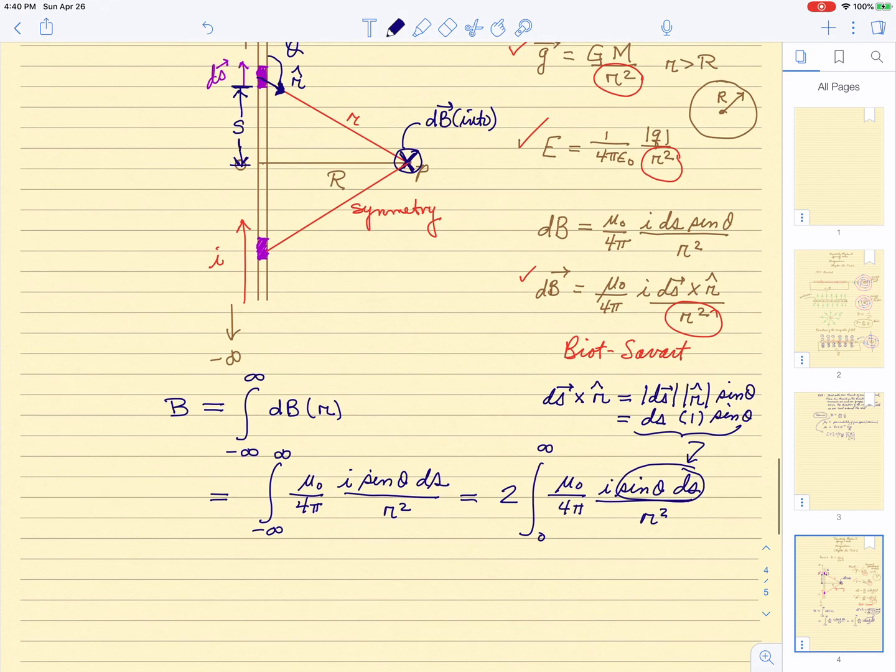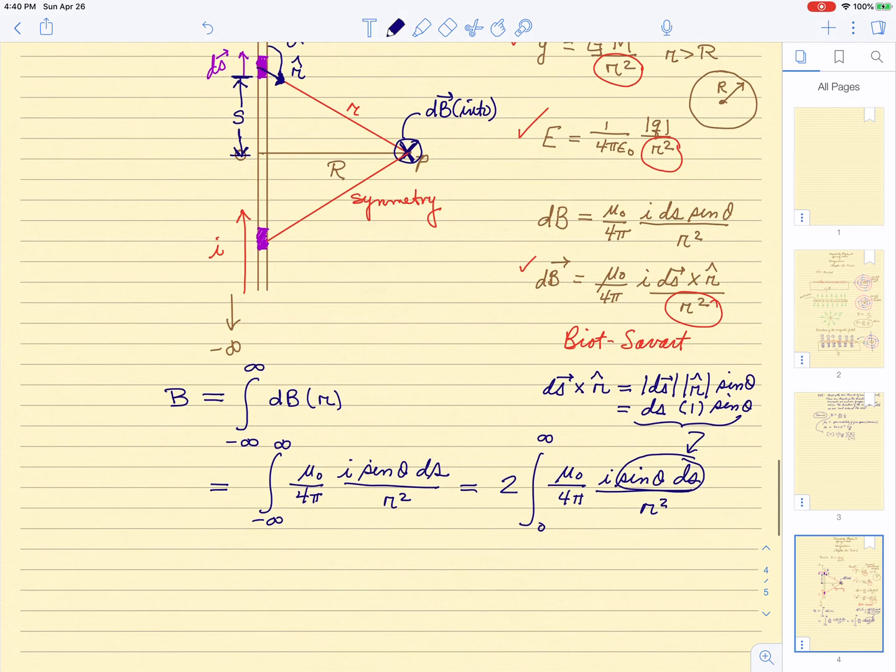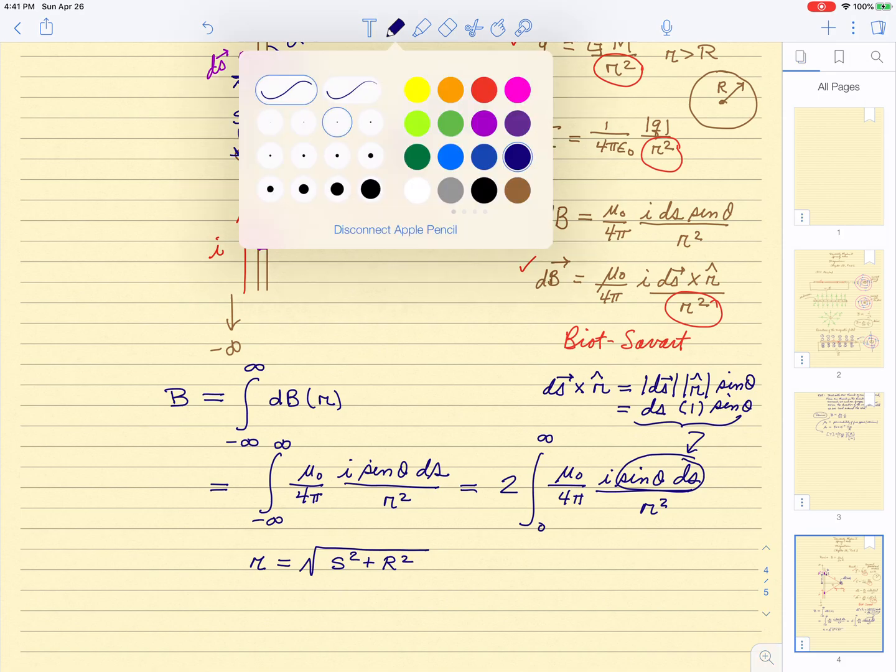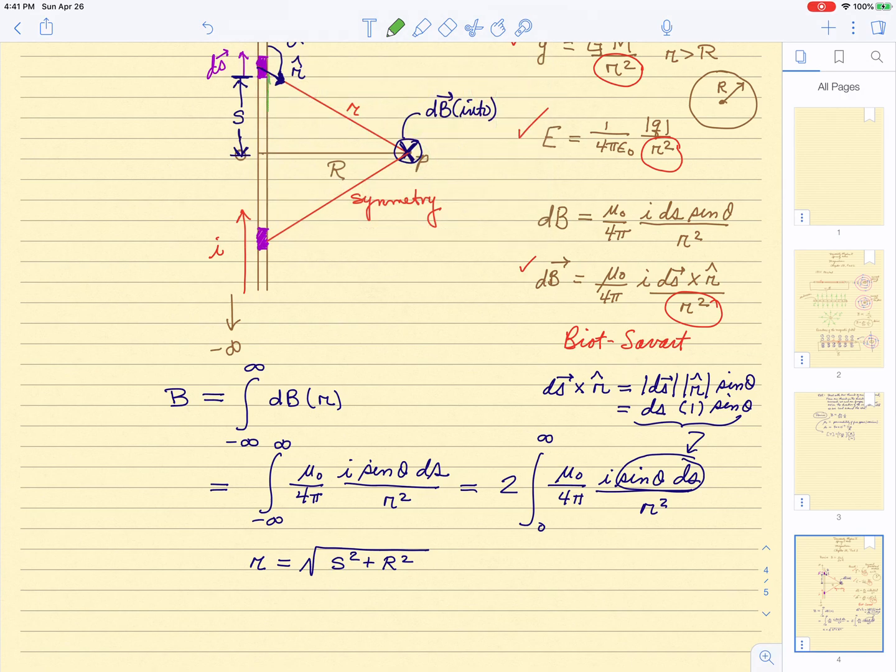So again, going back, we'll try to keep this figure up, as I said, for as long as possible. I'll cancel these 2's at some later time, but let me just get down a couple of important geometrical relationships. So r is going to be the square root of s squared plus r squared, looking at this triangle here.